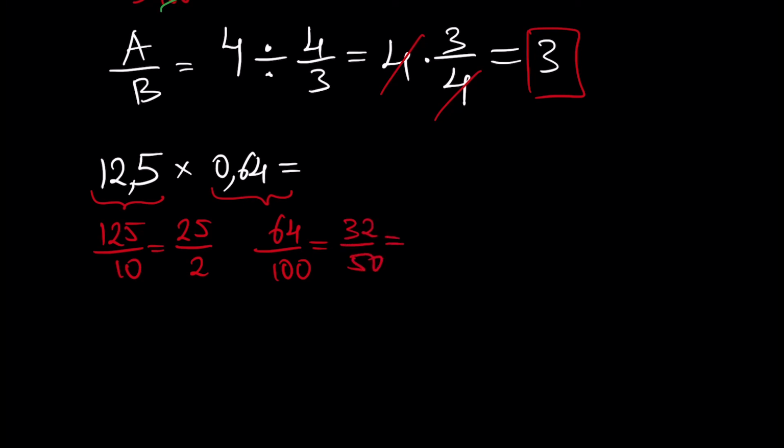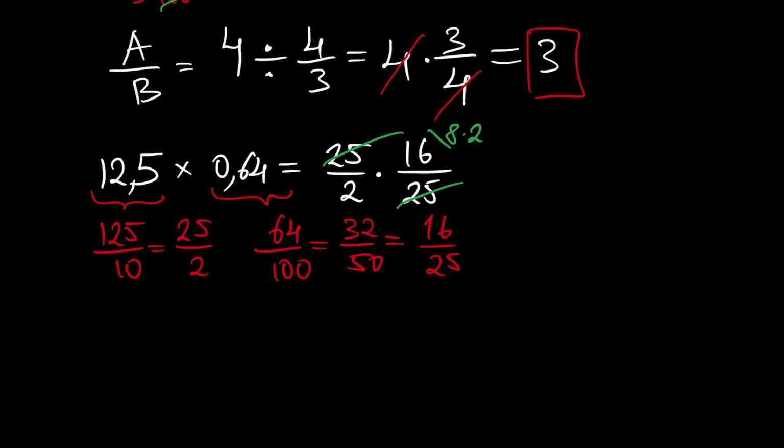Or if we divide again by number 2, this is 16 over 25. And this will be equal to 25 over 2 times 16 over 25. Let's perform cancellation. Our number 16 is equal to 8 times 2, and our 2 and 2 will be cancelled out. We have 8.